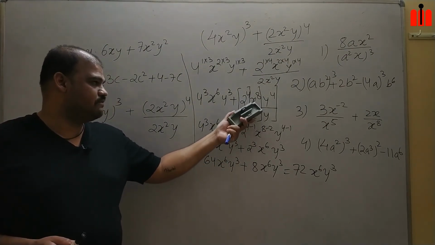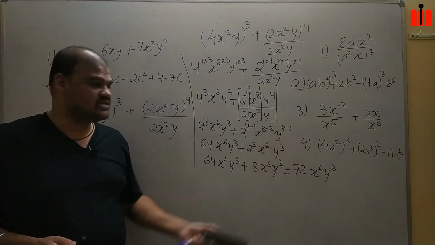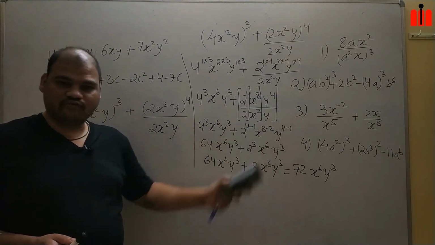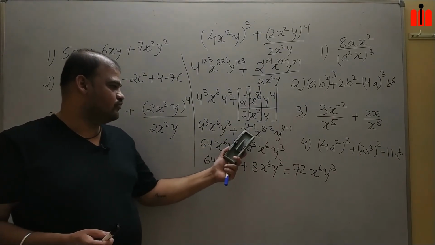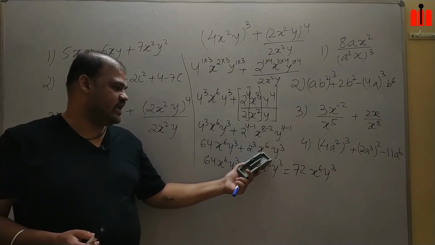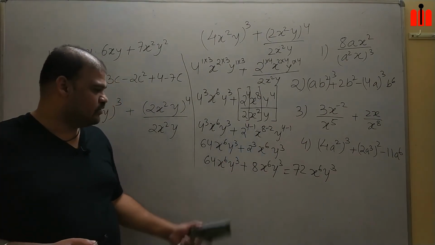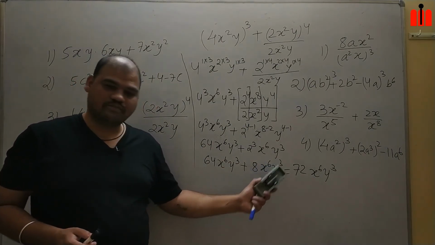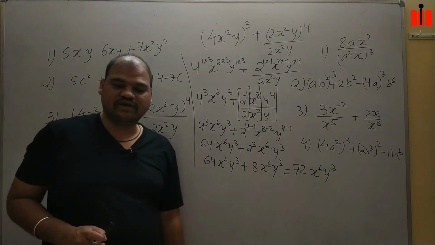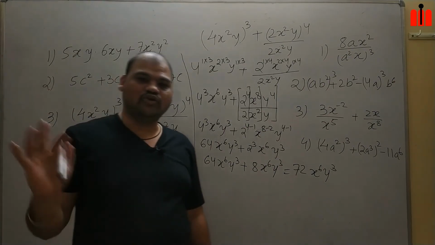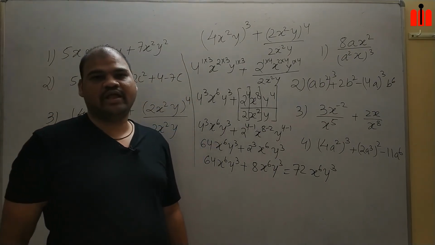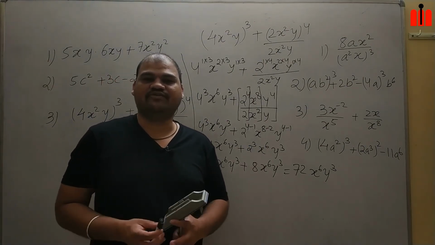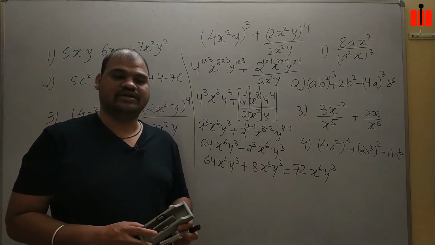Same is applicable for x to the power of 8 by x square and y to the power of 4 by y. So with that we got it as 8 x to the power of 6 y cube. So it will be 64 x to the power of 6 y cube plus 8 x to the power of 6 y cube, which is 72 x to the power of 6 y cube. Okay, so this completes the session for exponents.